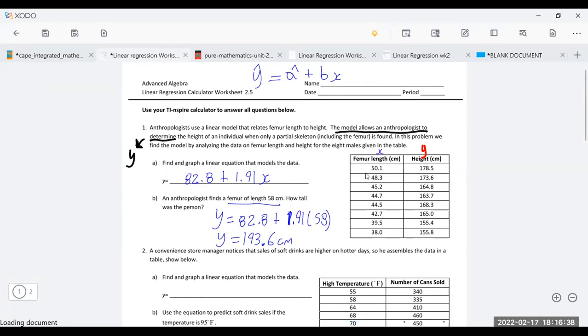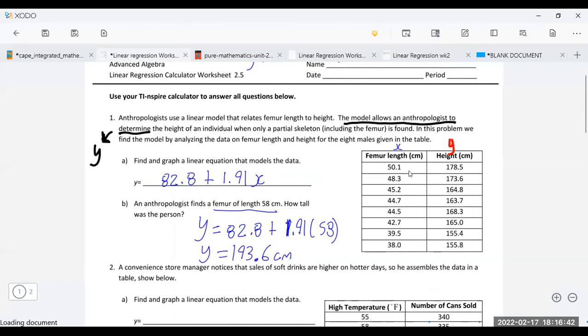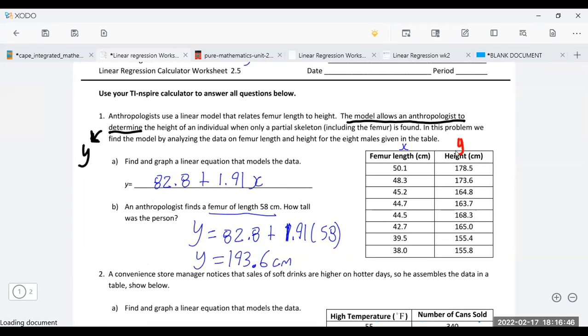So this question right here, can you take another screenshot for me so we can write down X and Y? You got it?